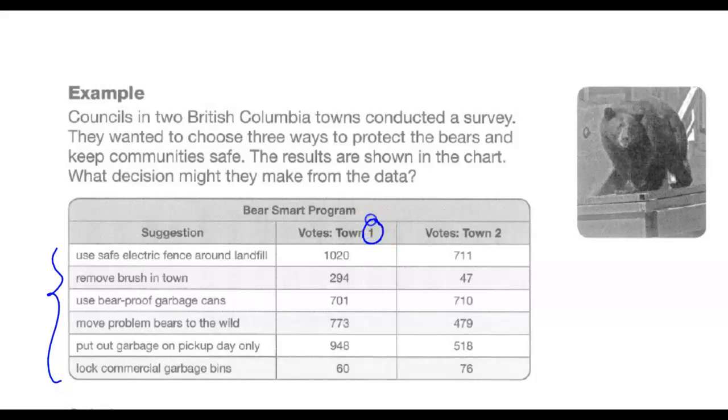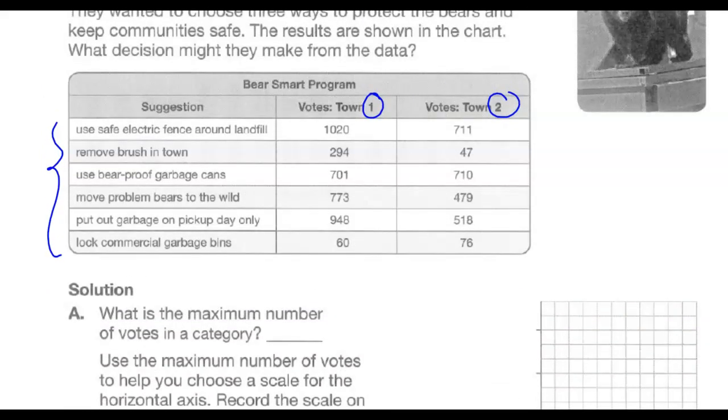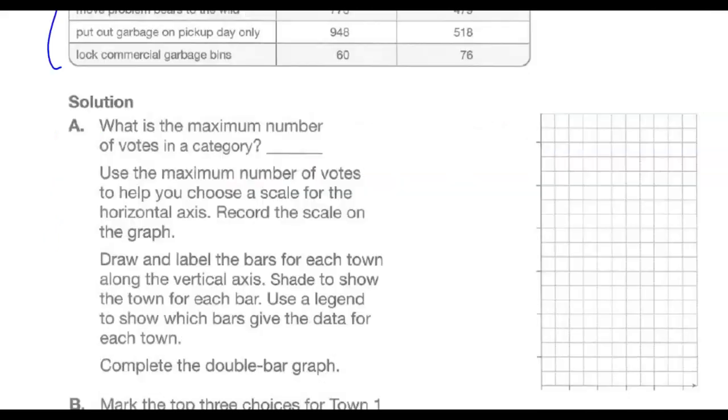So this is town 1 in this column and town 2 in this column. And so you can read through the different choices. Use safe electric fence around the landfill, remove brush in town, use bear-proof garbage cans, move problem bears to the wild, put out garbage on pickup day only, lock commercial garbage bins.